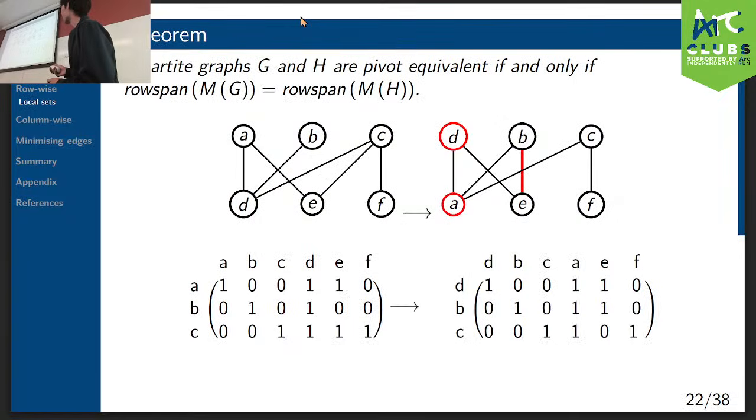One way you can show that should be possible to show just from this. Because if it's locally equivalent and it's bipartite, you construct the graphic presentation. And then actually, yeah, that's a bit non-trivial to show. It is true though.